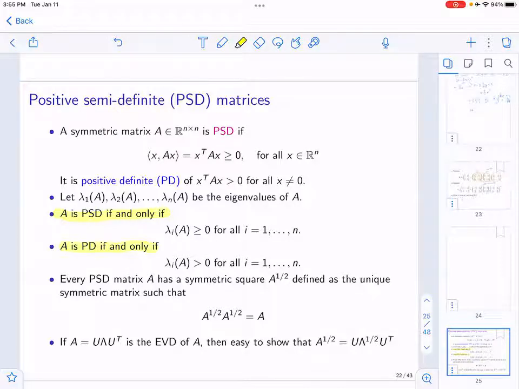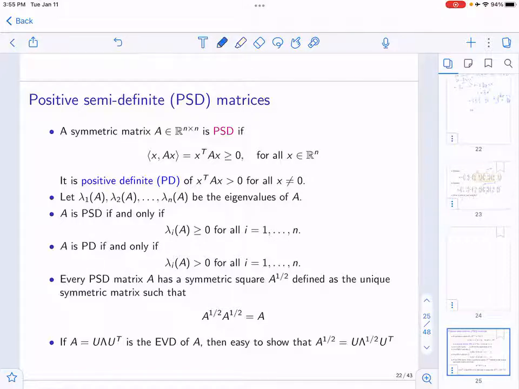If you're interested, try to prove this using the definition. Try to prove this using the spectral decomposition. But you're not going to worry about it. These are just properties that you can remember. But it's also easy to try. Any questions?